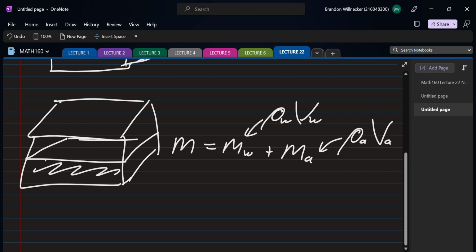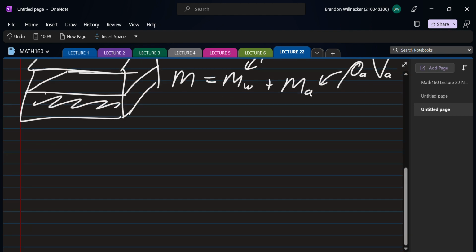Now this is if we have a discrete section of water and then a discrete section of air. We can clearly see the difference between the two. Okay, and they have different densities. What happens if it's not so discrete like this? What happens if the density changes continuously across? So let's say we've got something like this now.